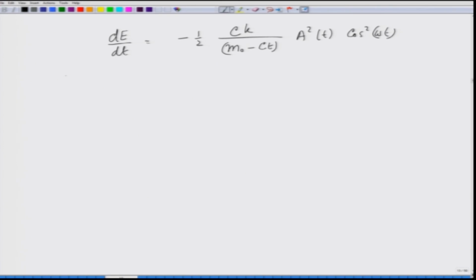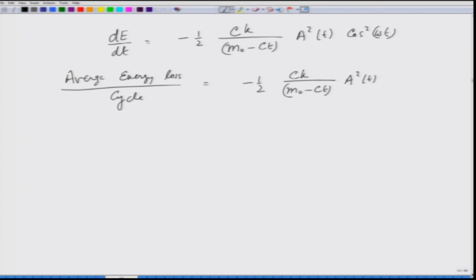So, average energy loss per cycle is going to be equal to time average of this whole thing, minus a half c k over m naught minus c t, a square t, cosine square omega t time averaged. And as I said earlier, because c is very small, change in A is very small, I can think of per cycle they are not really changing much.